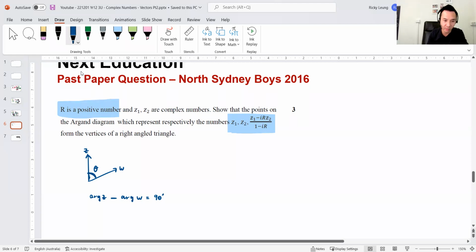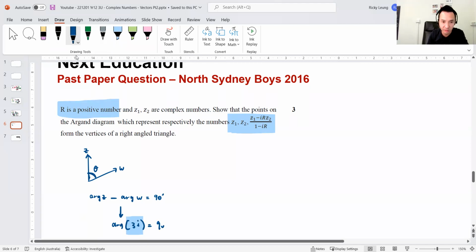Another way to prove this is, if I can prove that the argument of an expression, let's say this expression here, has an i in it. It might be like 3i, argument of 3i equals 90 degrees.